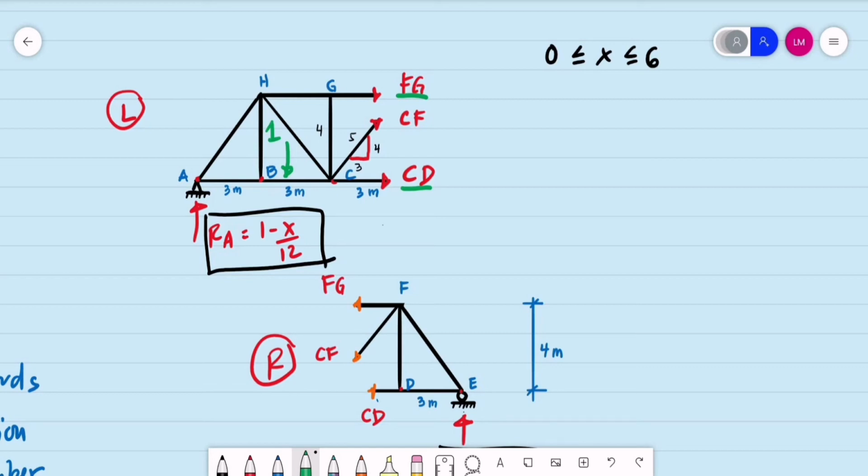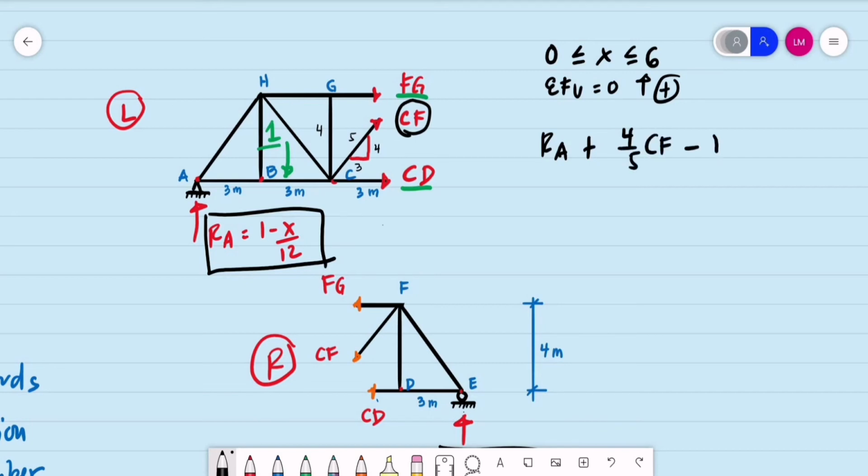For this case, we include the 1 unit load. So we can have summation of forces vertical equal to 0, assuming upward forces to be positive. That is R sub A plus the vertical component of CF, that is 4/5 of the axial force for member CF, minus the 1 unit load equal to 0.